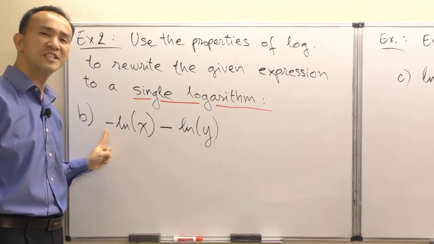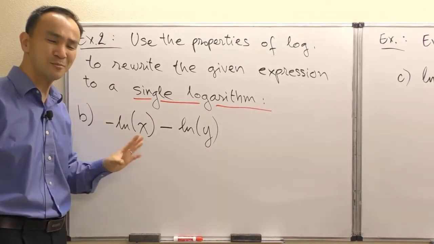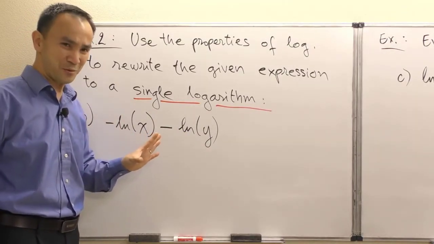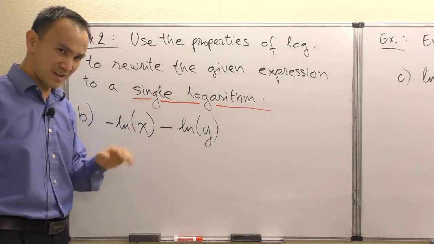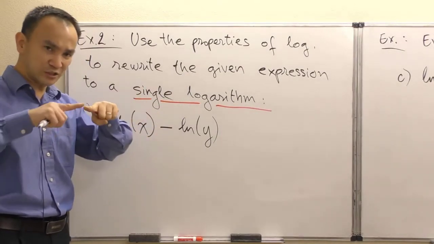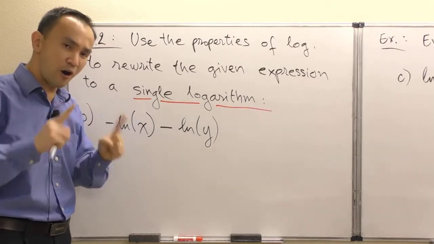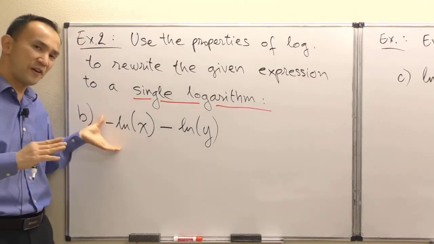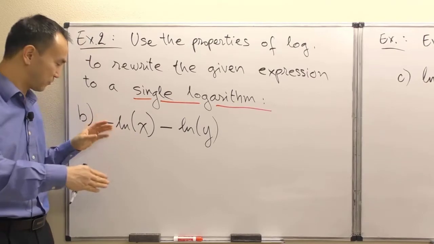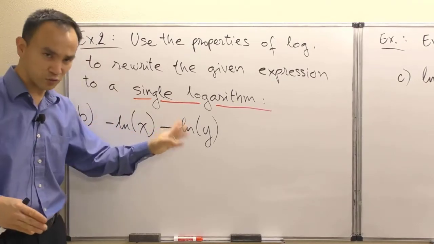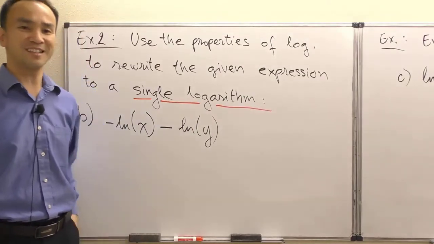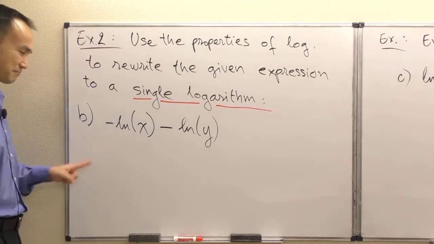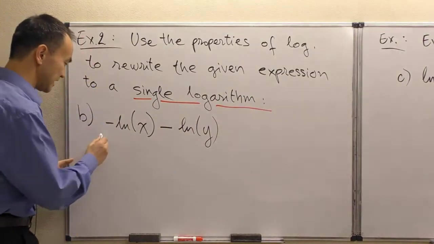However, the way we see this first leading term is a little trickier, which is why I could not put this in example 1. I intentionally put in example 1 only those where the first term was completely positive with coefficient 1, and the rest is whatever coefficient 1, but it could be plus or minus. Okay, so here's how I see it. That first term right here is the problematic one.